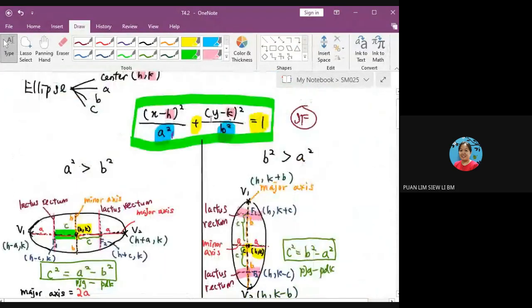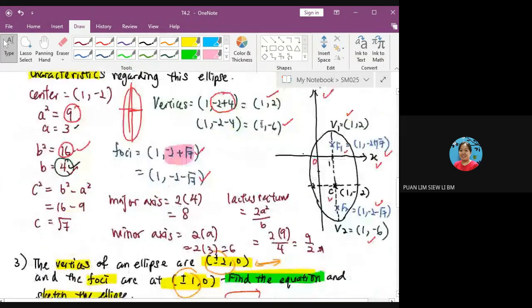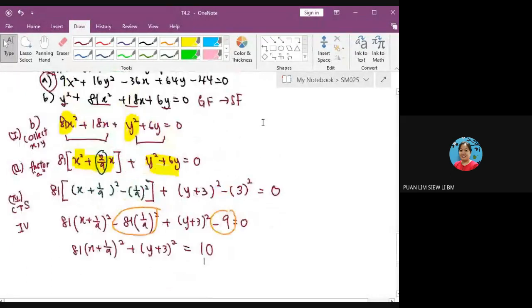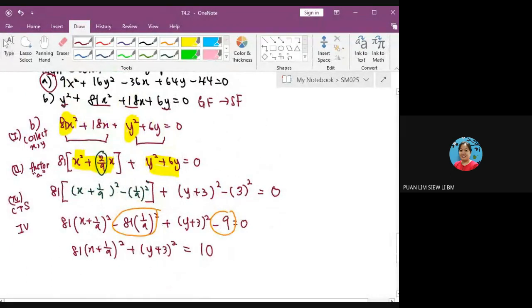So in our formula of ellipse, between x and y must be plus, at the back here must be 1. So like just now I already said. So this one, we already get to the formula of between x and y is plus, at the back here must be 1. Okay, that will be our standard form.